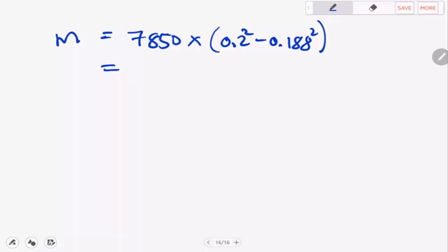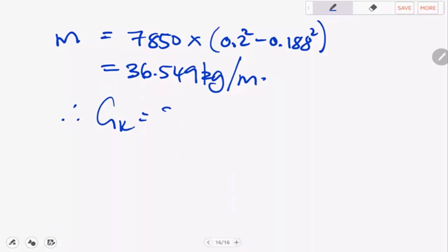How many kgs per meter is that? So I get 36.549 kilograms per meter. So therefore GK is equal to 36 point what?